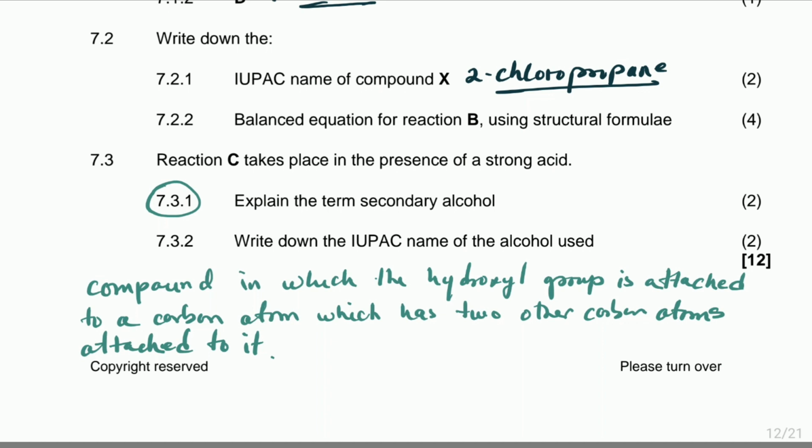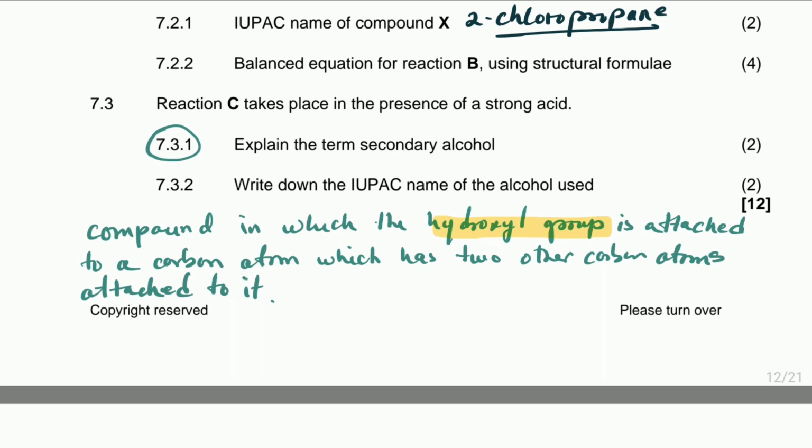So a secondary alcohol is a compound in which the hydroxyl group is attached to a carbon which is attached to 2 other carbons. So if we do this one here really fast, you have a carbon which has the OH, is that correct?